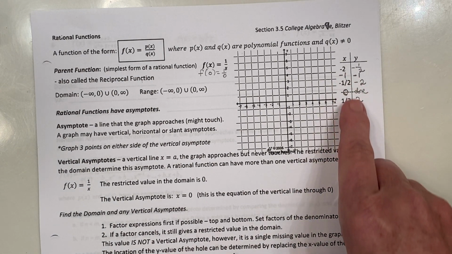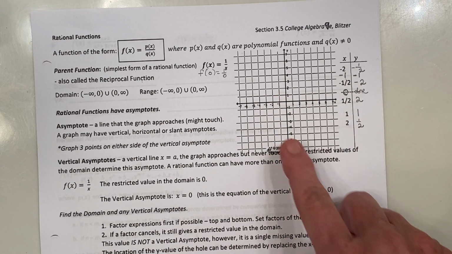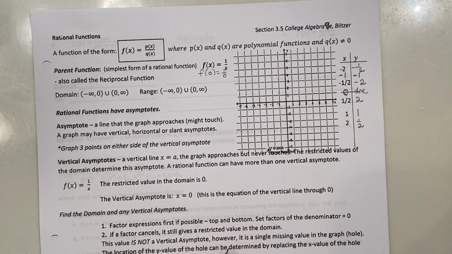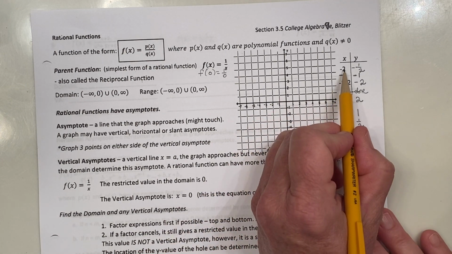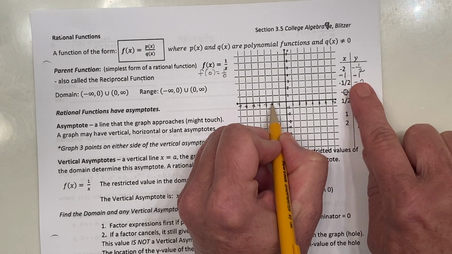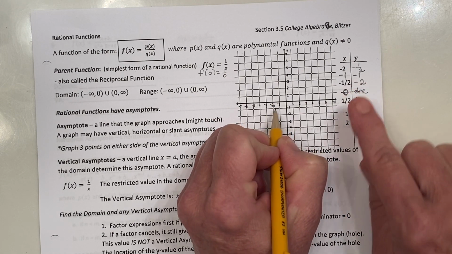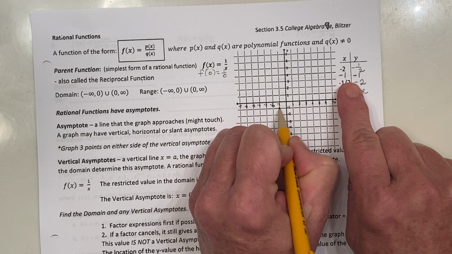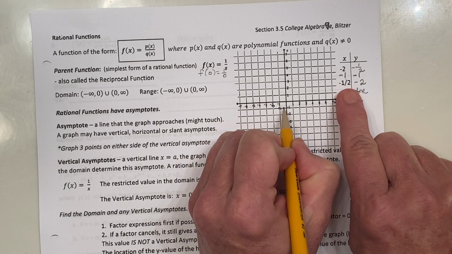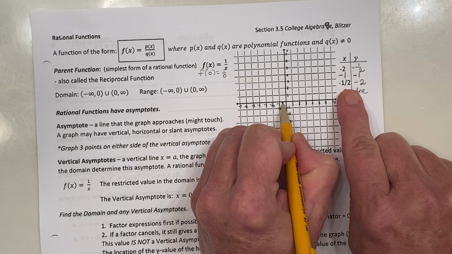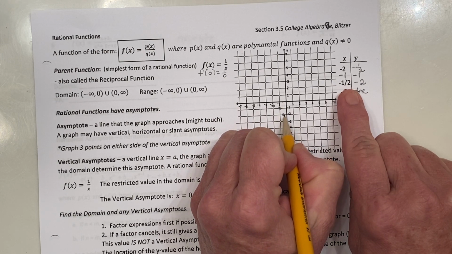So let's take these ordered pairs and plot them on this grid to see what the graph looks like. So let's plot -2 and then -1/2. So that'd be about right here. Let's plot -1, -1. It'd be about right here. Let's plot -1/2 down to -2 about right here.